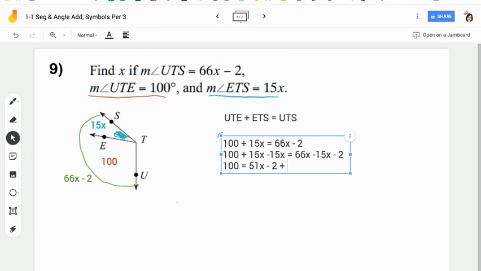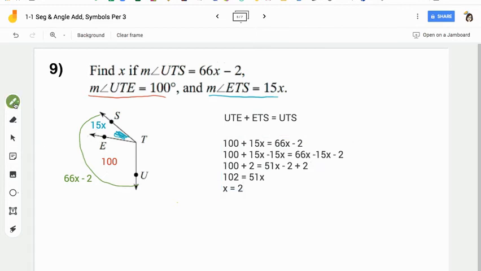Now I'm going to add 2 to both sides, so I only have the x term on the right. And so I get 102 equals 51x. I'm going to divide both sides by 51. I get x equals 2. And double check: what were we asked to find? We were asked to solve for x. Well, we did find x, so we're done.